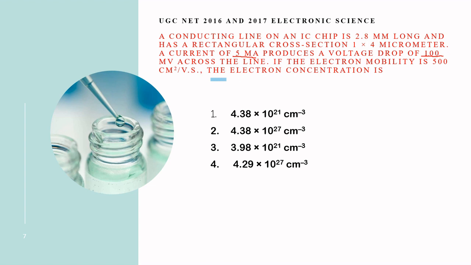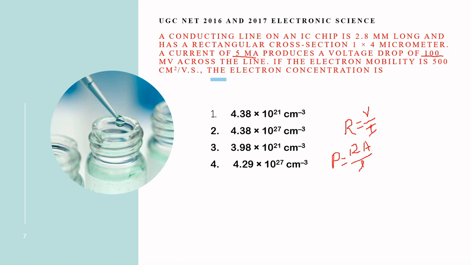From here we get the resistance. Resistance equals V by I, right? So from here we get the resistance value. Then, once we have the R value, what is the resistivity? Resistivity is equal to R A by L.